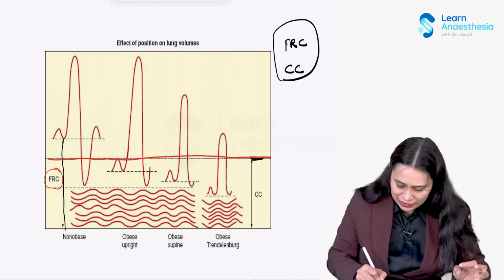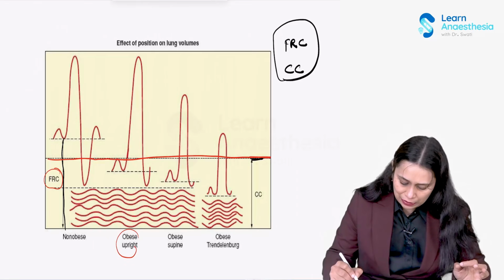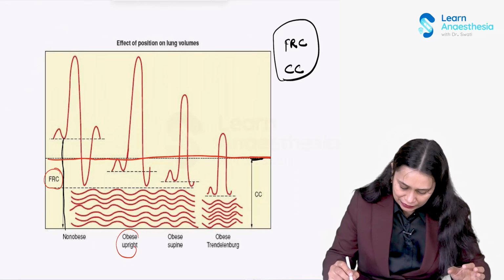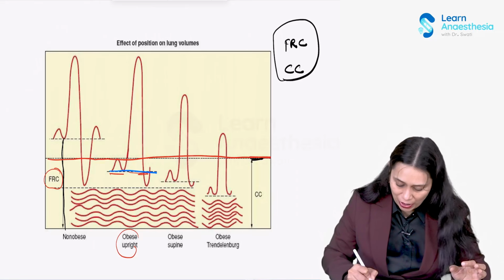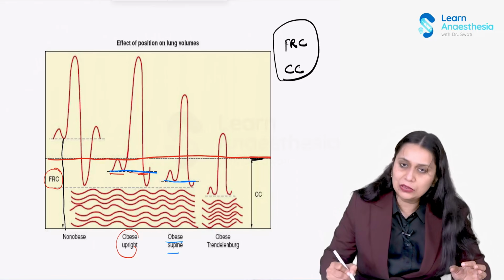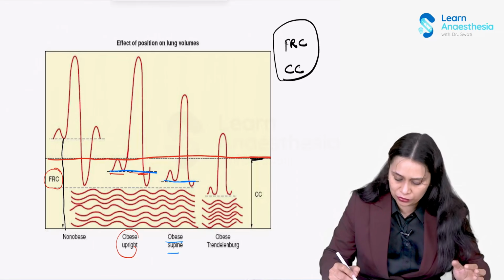In non-obese, it is above. In obese upright, the FRC starts decreasing and going below the closing capacity. In obese supine, the FRC decreases further and goes further below the closing capacity.